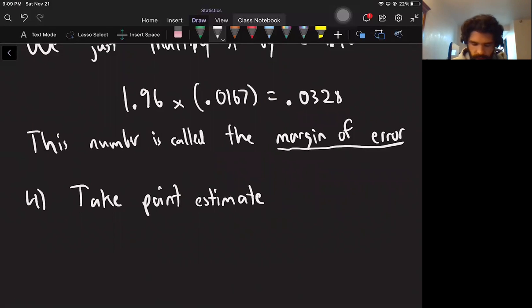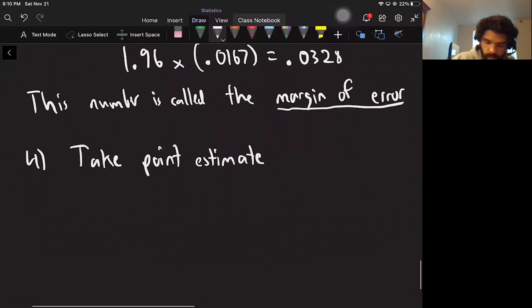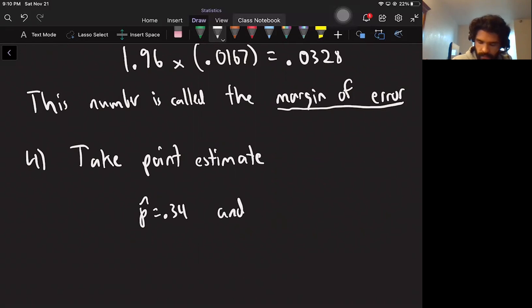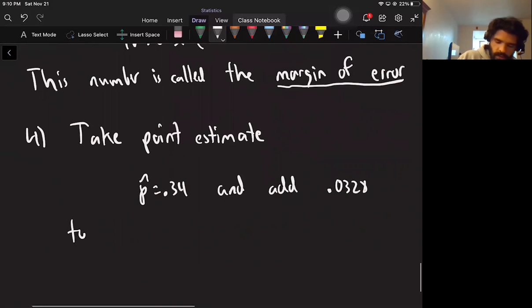This is the last calculation-y step. And then I'm just going to add that much. I'm going to add my margin of error. And that's going to get me the right side of the confidence interval.